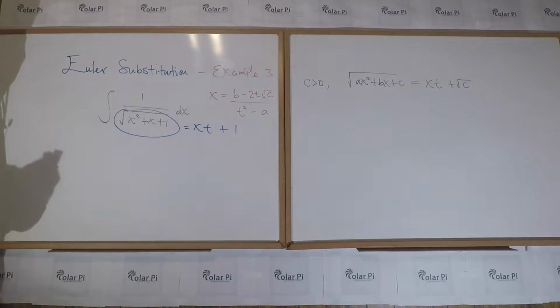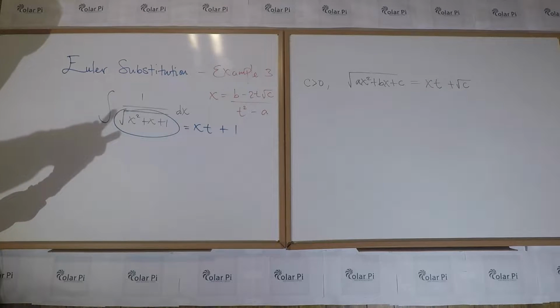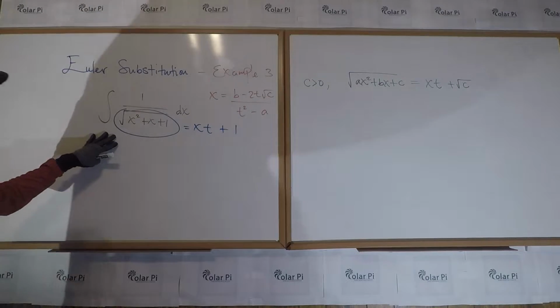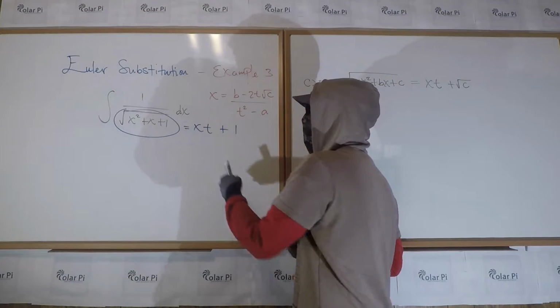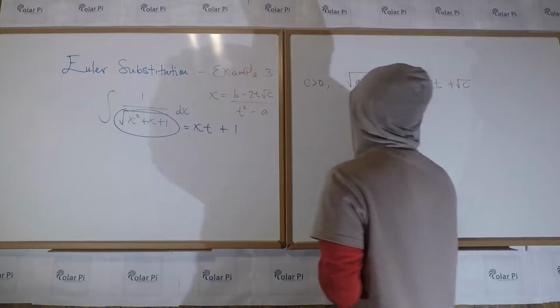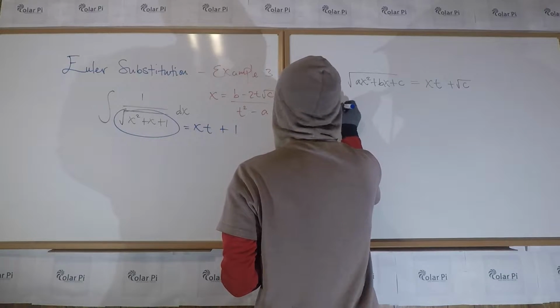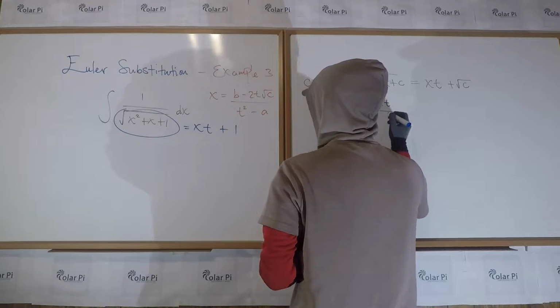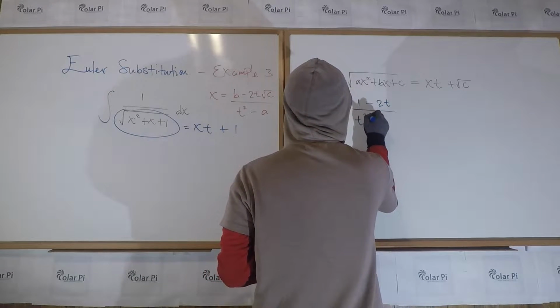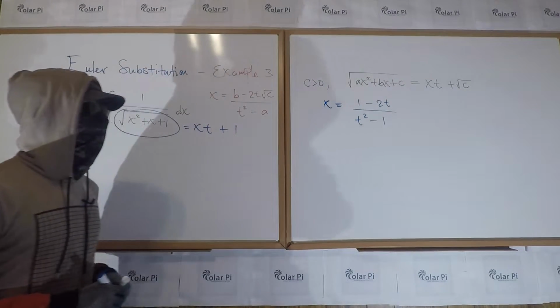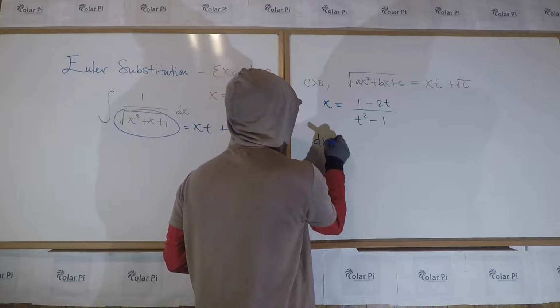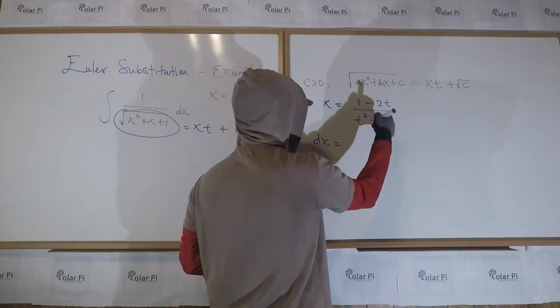That means in this specific case, since a, b, and c are all 1, we should let x be equal to 1 minus 2t over t squared minus 1. And of course, with this x, we see that dx will have to equal the quotient rule on this, right?